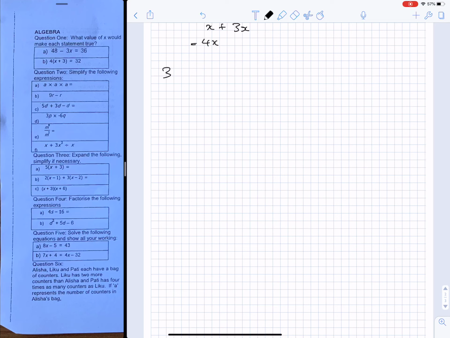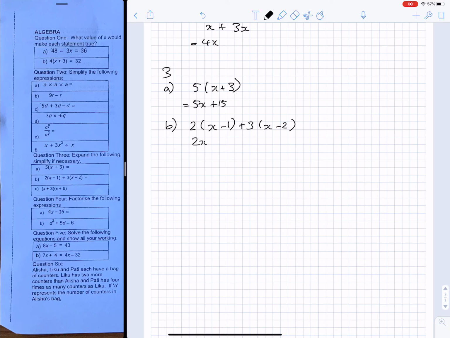Question 3. Expand the following and simplify if necessary. So 5 times x plus 3 equals 5x plus 15. B, 2 times x minus 1 plus 3 times x minus 2.